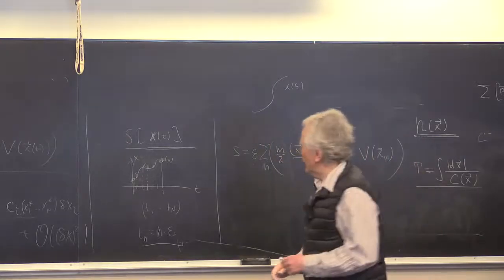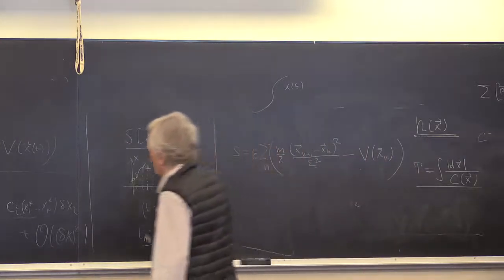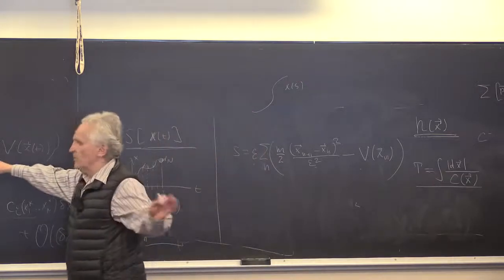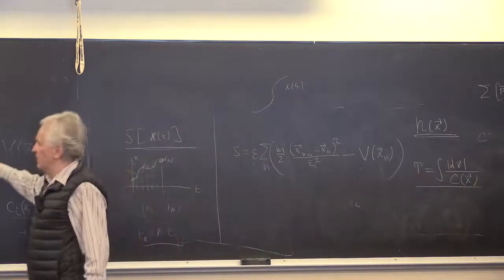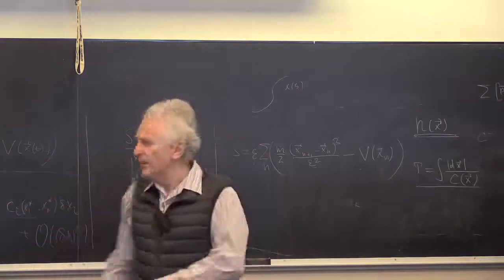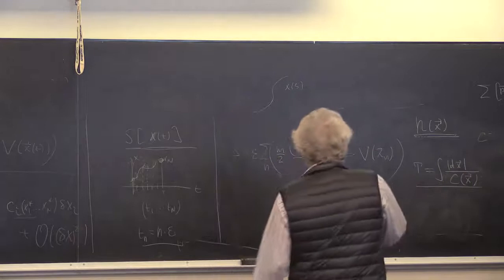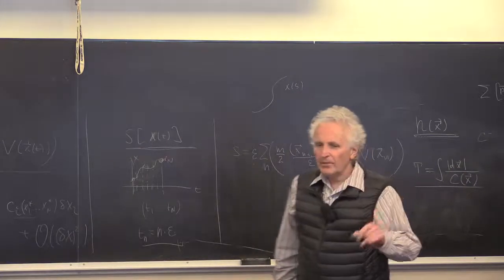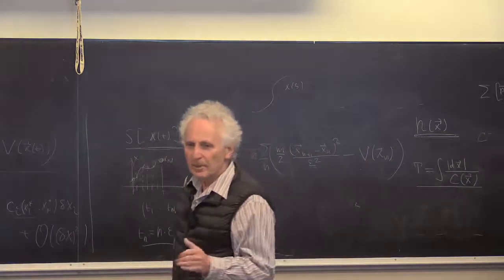I'm sure you're all aware how to derive Newton's equation from here. I will remind you in a second how it goes. In the home exercise, you will derive the Newton equation for discrete times.